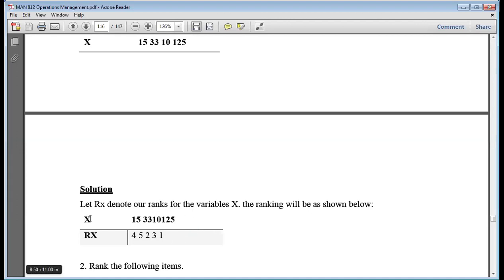The first item is 15, 33, 10, 12, and 5.